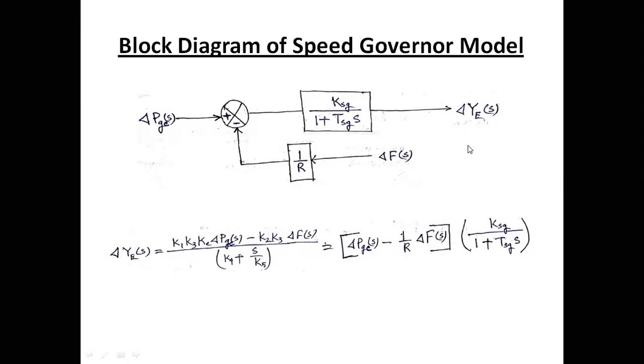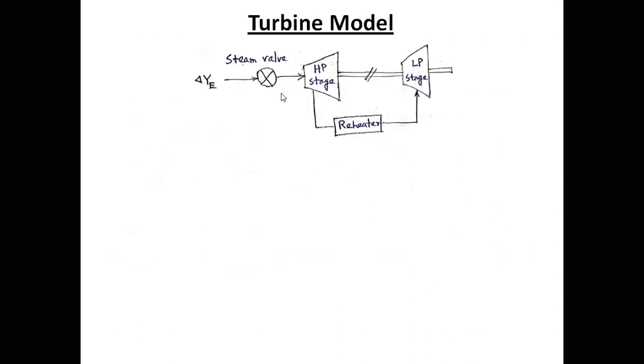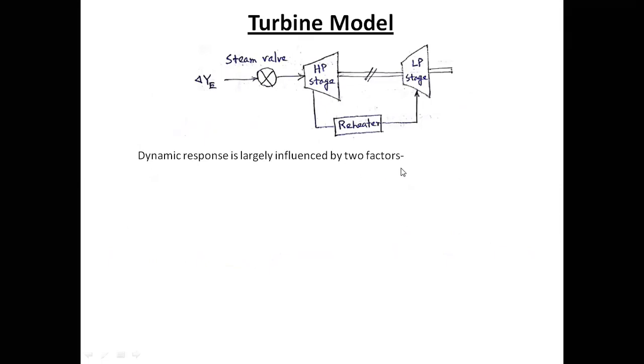So now this output del YES will go to the turbine. Actually, it is controlling the turbine steam flow. In the next part, the output of the speed governor system must be the input to the turbine model. Here you can see del YE, the steam valve movement, is the input to the turbine model. Then we have two stages, HP stage and LP stage, HP turbine and LP turbine, connected by the reheater. Now dynamic response is largely influenced by two factors.